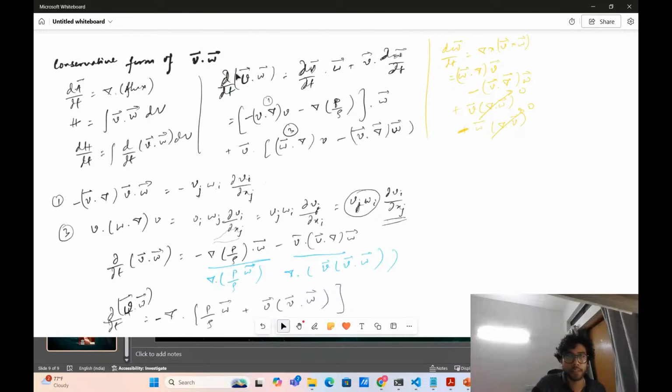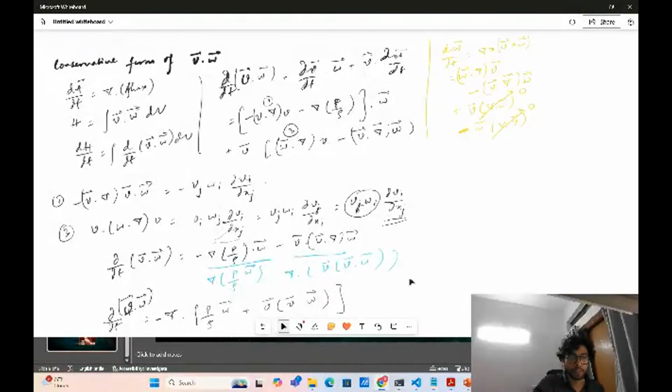So I think everything follows from there, right? There is no integration involved over here. Is that clear? Right. So now to get helicity, you will just integrate both sides over volume.